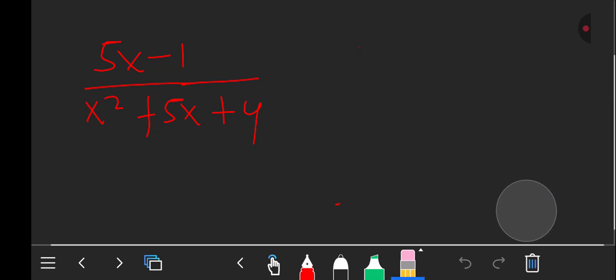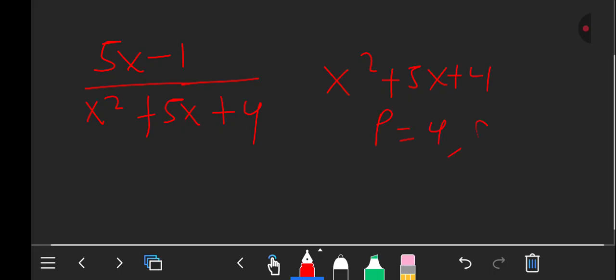So how can you express this into partial fractions? You can start by factorizing this. When you have x squared plus 5x plus 4, the product is equal to 4, the sum is equal to 5, the factors are just 1 and 4. So what we have is x squared plus x plus 4x plus 4.